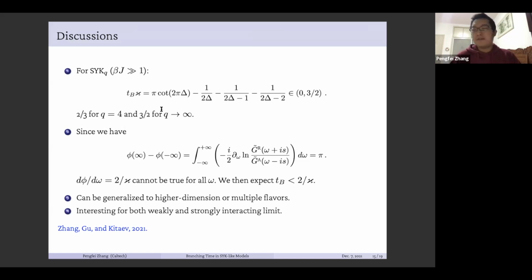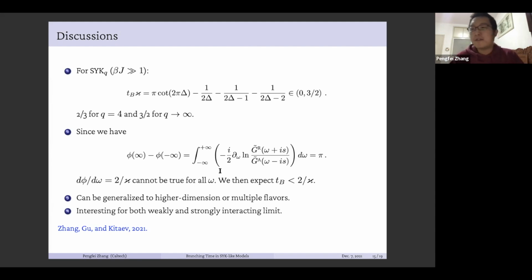So in the original SYK model, this result shows it's consistent with our bound, and it no longer saturates the bound. In fact, we have some arguments saying we do not expect any model saturating the bound. The reason is that if we ask what is the phase of the retarded Green's function as omega goes to plus infinity minus omega goes to minus infinity, it will be fixed.